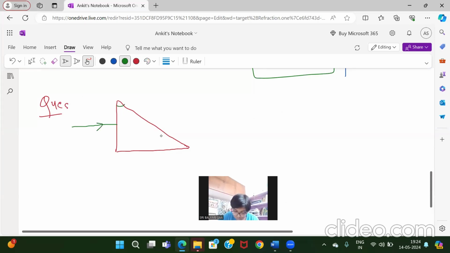This is 45, this is 45, a right angle triangle. Critical angle is 42 degree here. C is the critical angle. Can you draw the path? Yes, sir, I am also drawing.